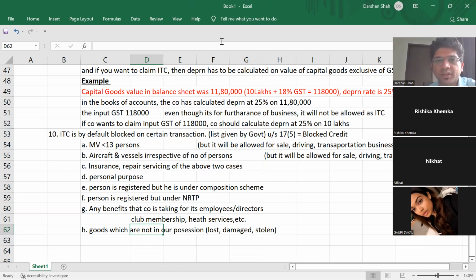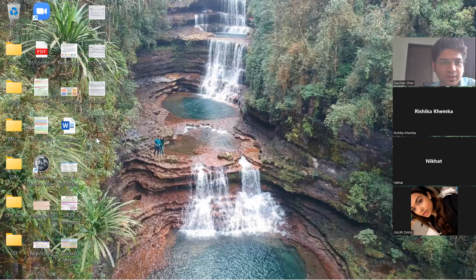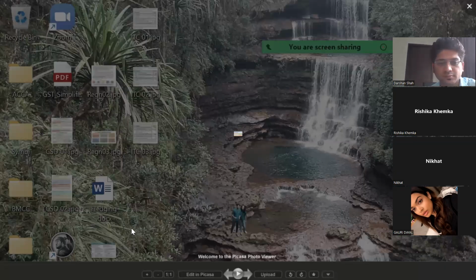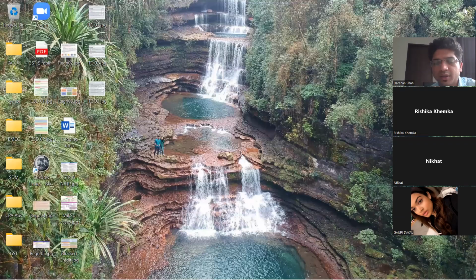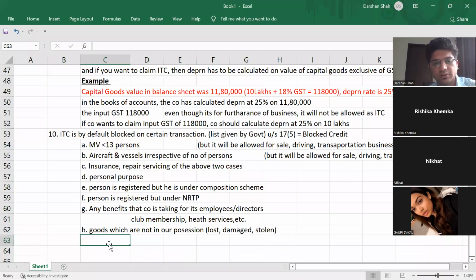Anything else remaining from our list? Just check. Self-construction of immovable property. Any services, so works contract service. You are getting the building made from a builder.